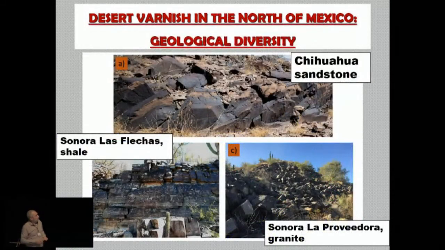It is very interesting, also speaking about the origin of this coating, that it is very similar on different rock types. We made a study of this coating on different geological materials in the north of Mexico, and despite their contrasting difference, the composition and structure of these coatings is very similar.